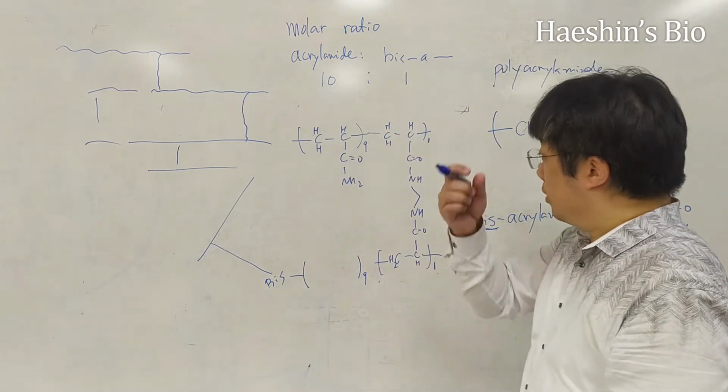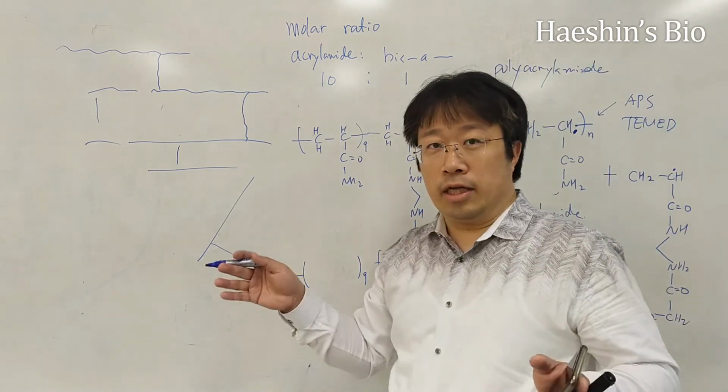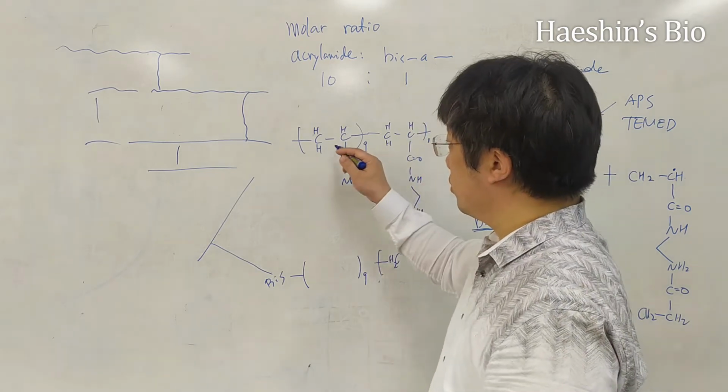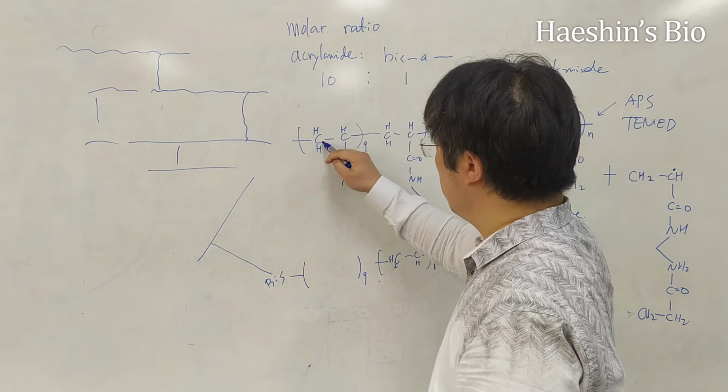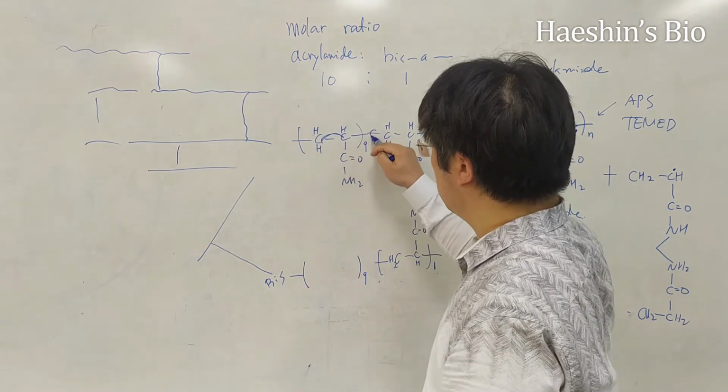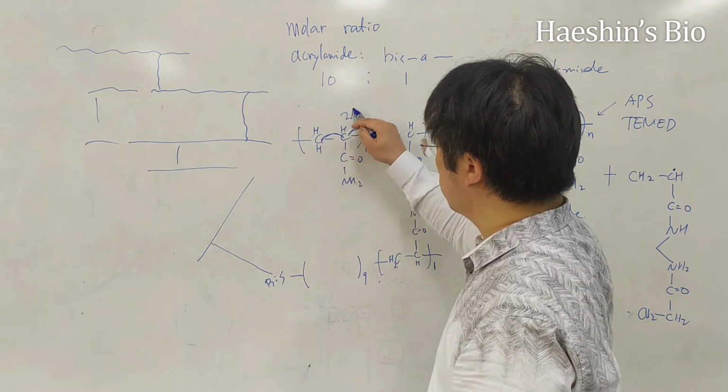So if you think about the lengths now, the lengths that we talked about in the first class for the size of the bio-macromolecules, from here to here is about 2 angstrom.